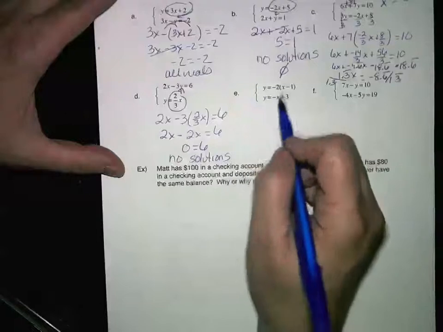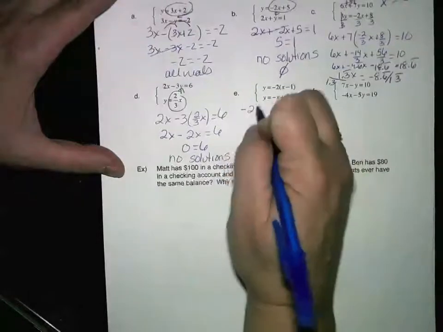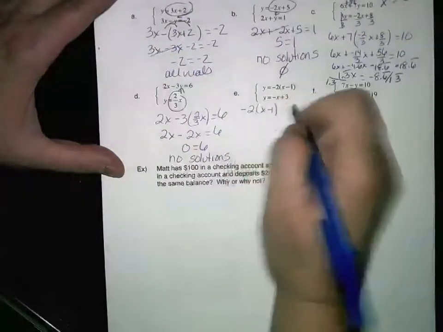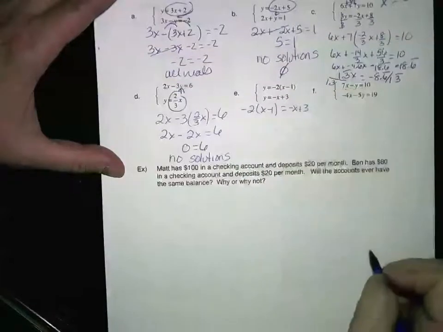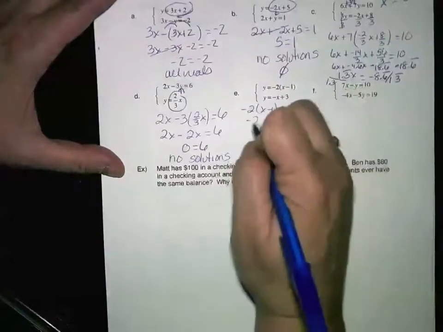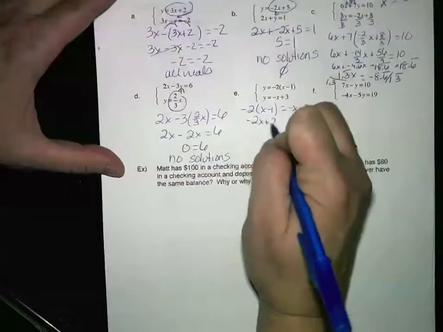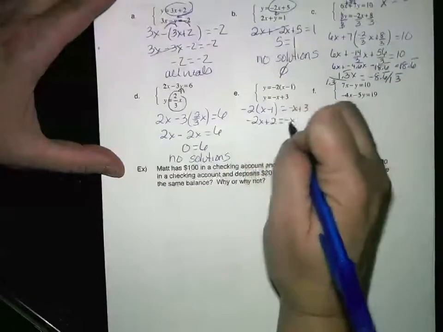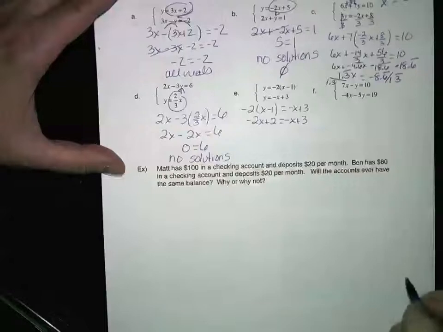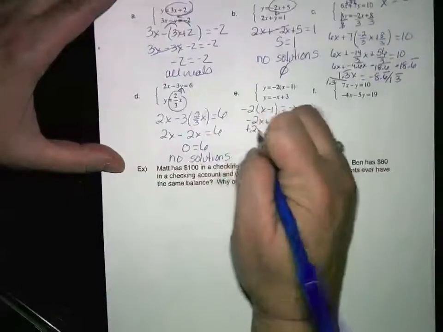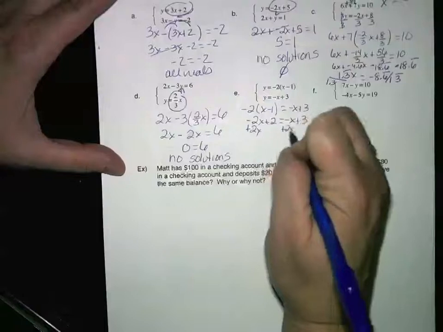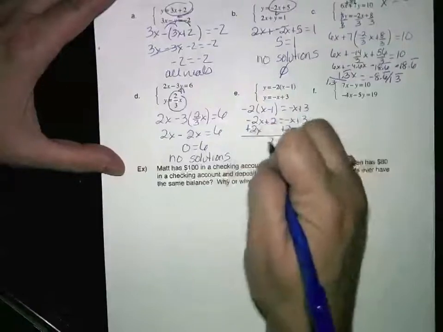This one, I'm going to set them equal to each other. So negative 2 times x minus 1 equals a negative x plus 3. That becomes a negative 2x plus 2 equals a negative x plus 3. We're going to add 2x to both sides.